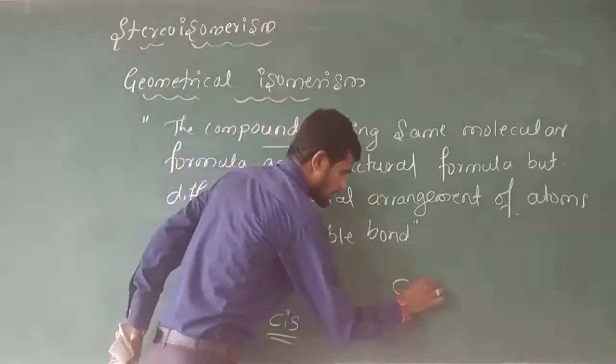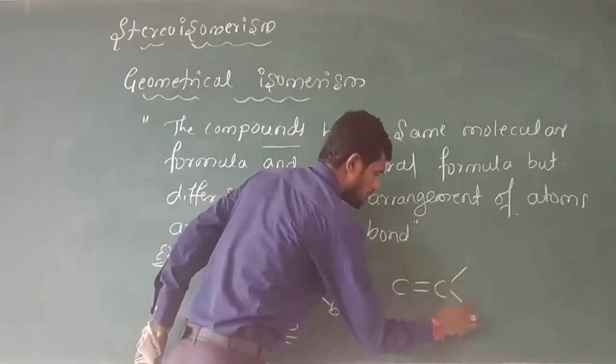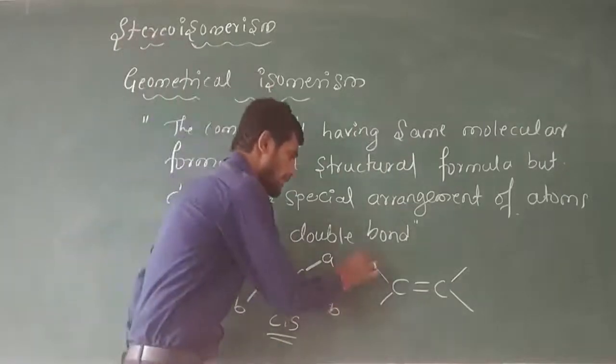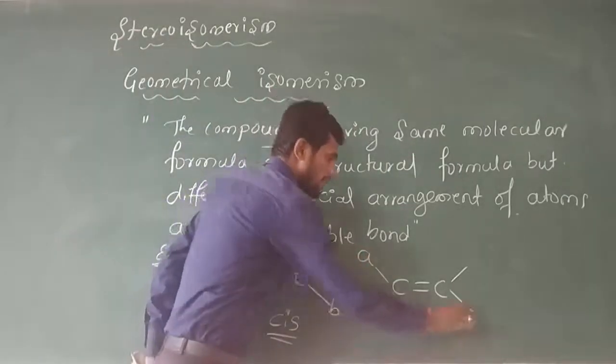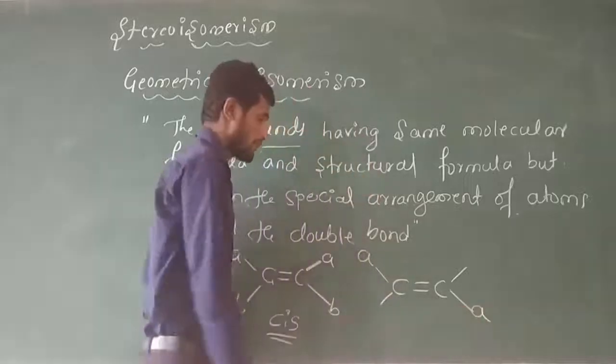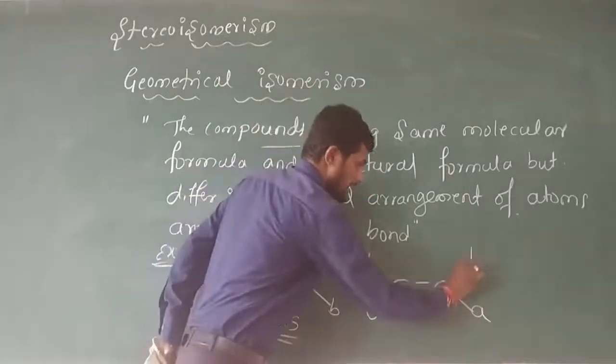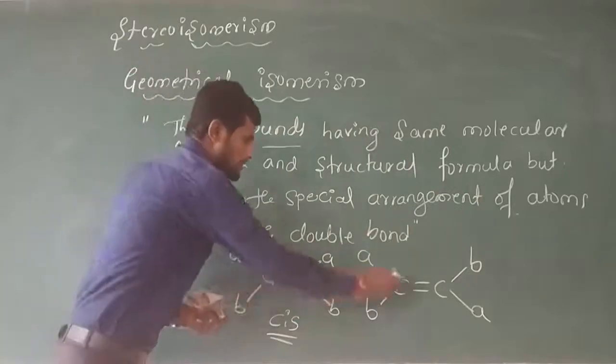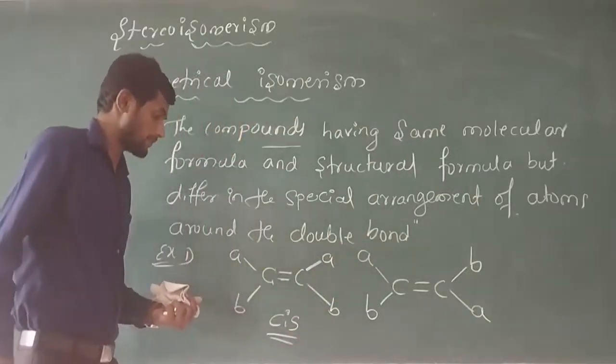And another structure also involves two carbon atoms which contain a double bond, but now I write A here and another A here, and one B is here and another B is here. Yes, what is the difference between these two structures?